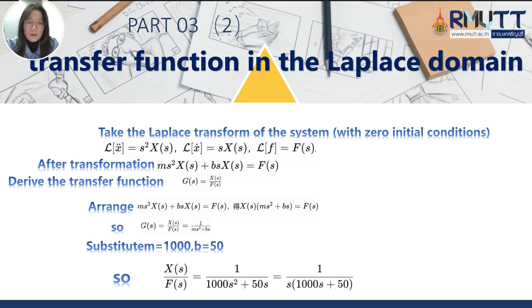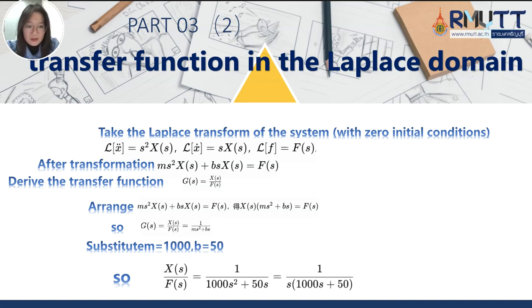Having obtained the time domain model, the next step is to transform it into the Laplace domain to get the transfer function. With zero initial conditions, take the Laplace transform of both sides of the time domain model. m x double dot t plus B x dot t is ft.